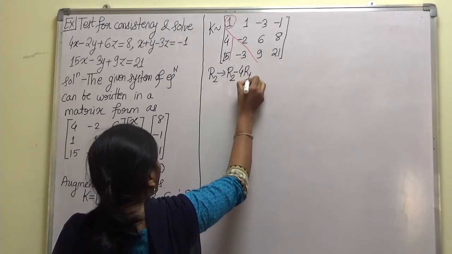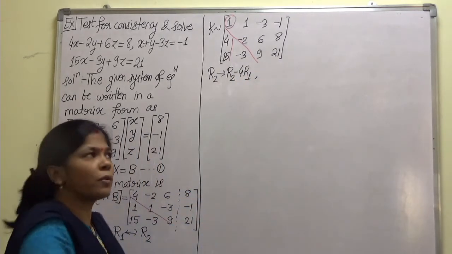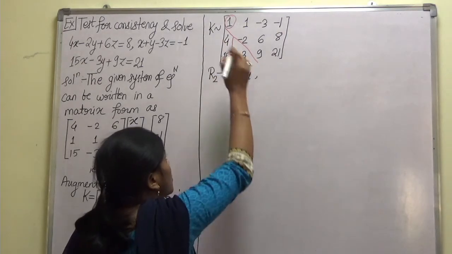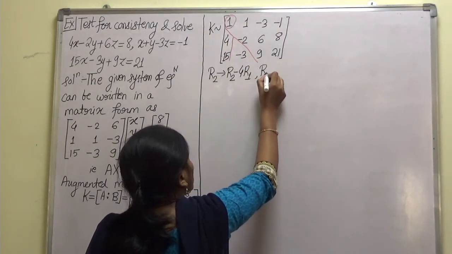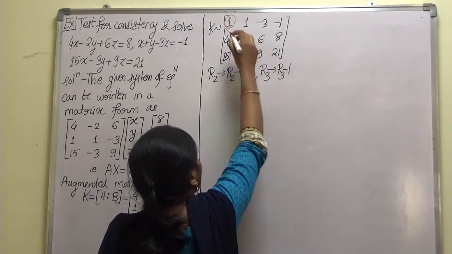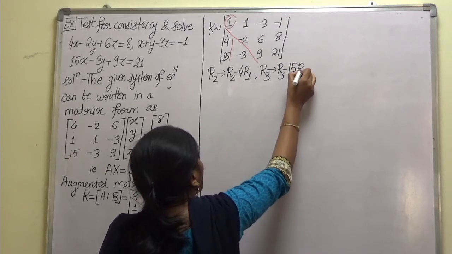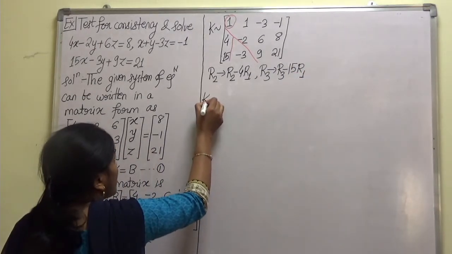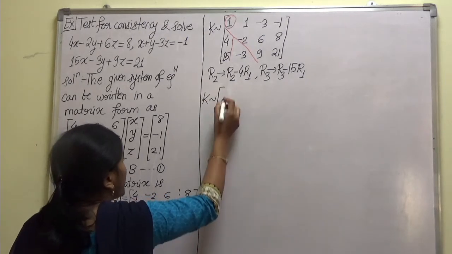At the same time, I can perform one more operation to make the third row element 0, that is 15. So the change required in the third row is R3 minus 15 R1.